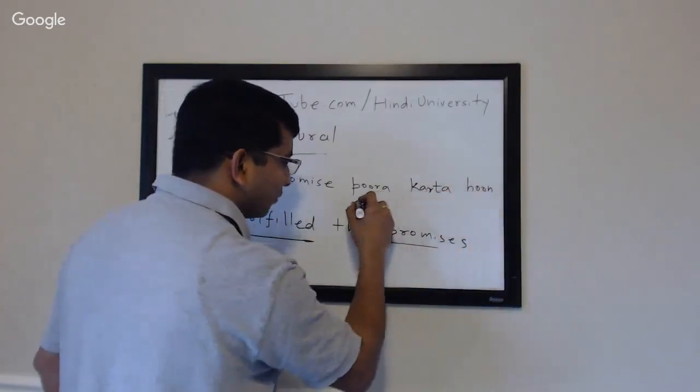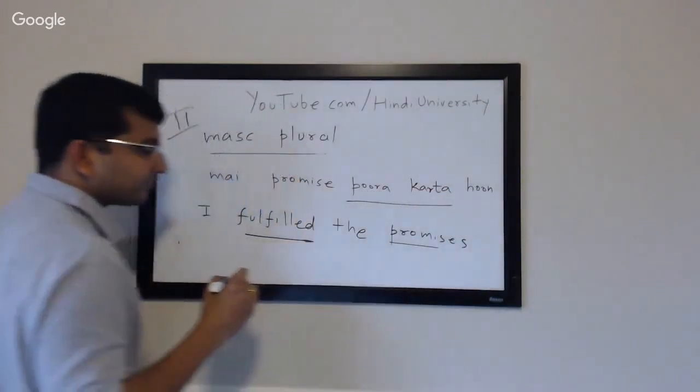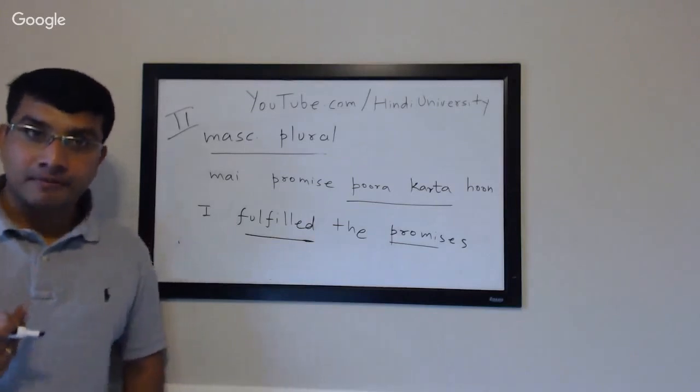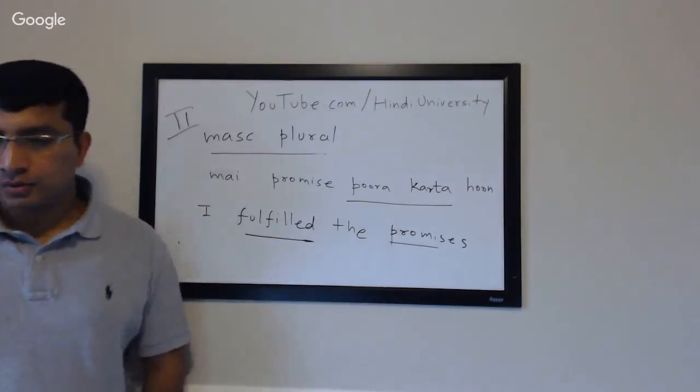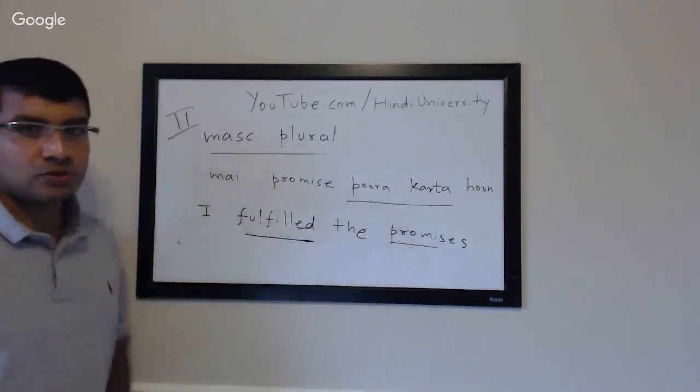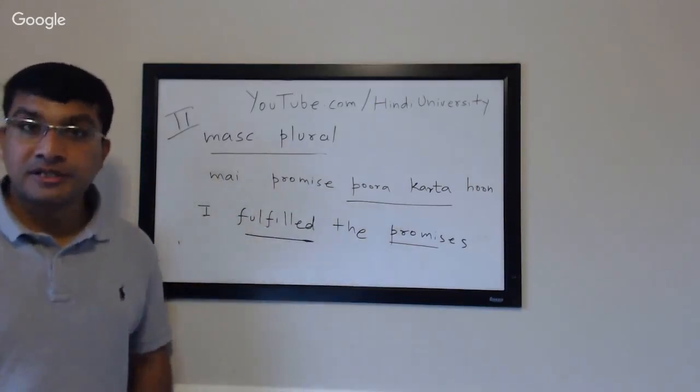To fulfill is पूरा करना. And in the present tense, because I'm a male, I'll say मैं पूरा करता हूँ. So मैं promise पूरा करता हूँ. I fulfill my promise. That's a present tense.